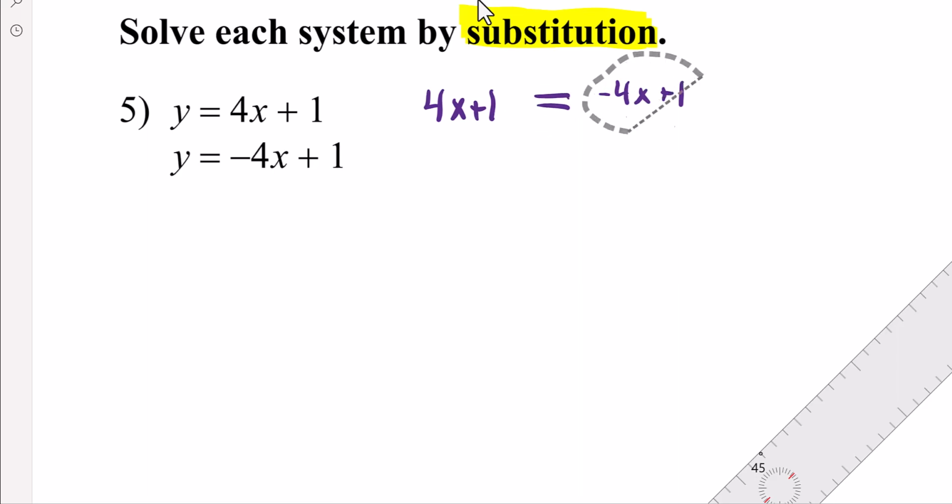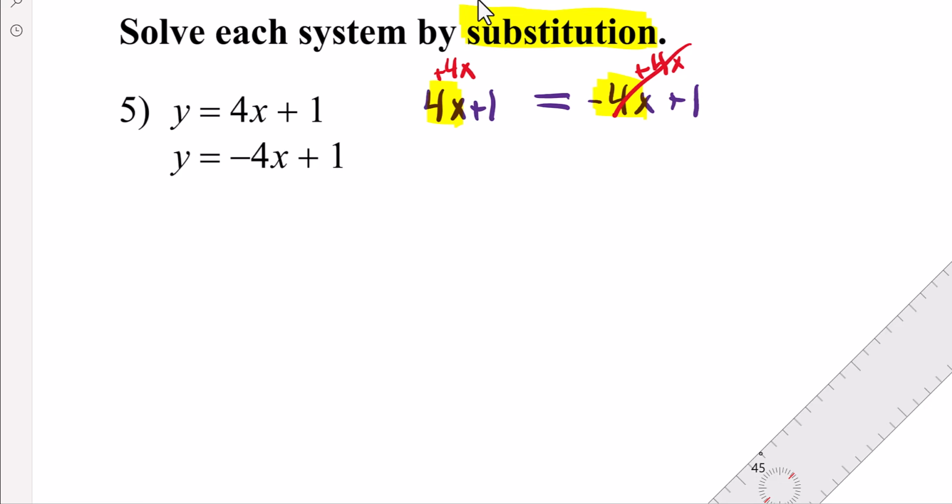There we go. All right, so now we're going to focus on the x's. Negative 4x, the negative 4 is smaller than positive 4, so we're going to do the opposite. We're going to add 4x to both sides.